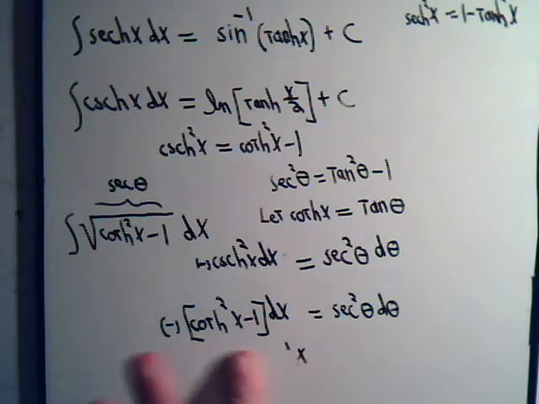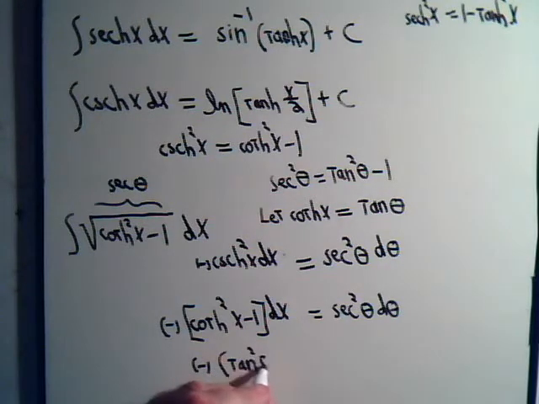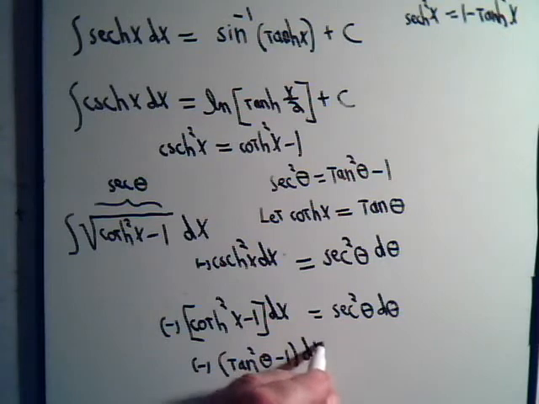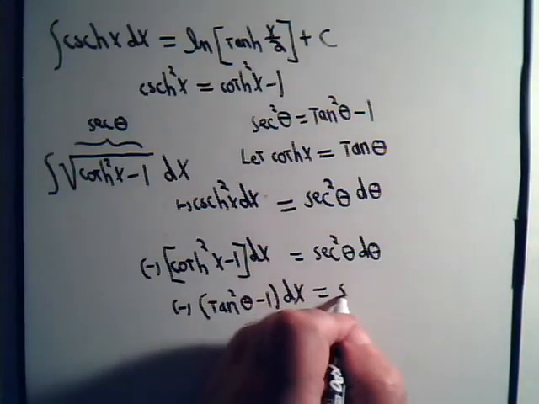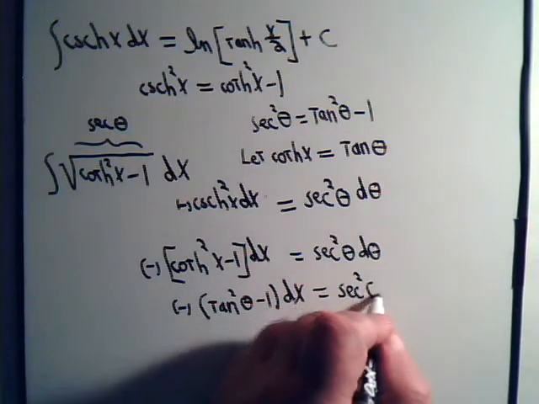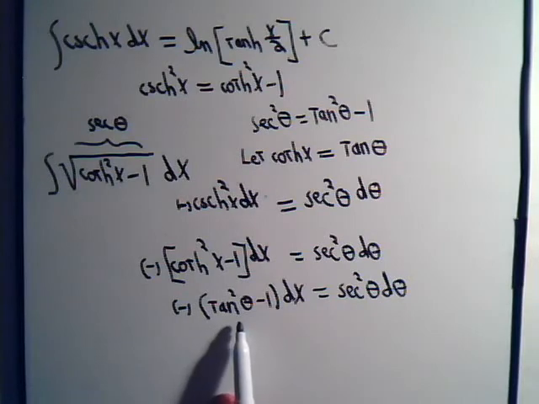Let's write this a little bit neater. Minus, this is the tangent squared of theta minus 1 times dx, and that's equal to the secant squared of theta d theta, with the tangent squared of theta minus 1 being the secant squared of theta.